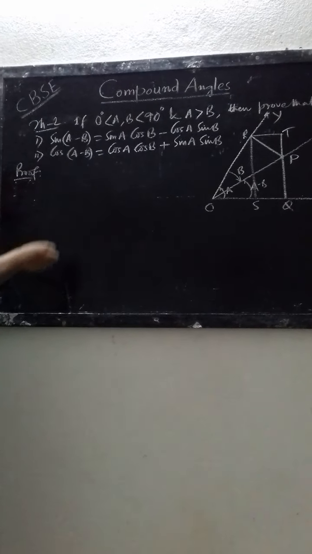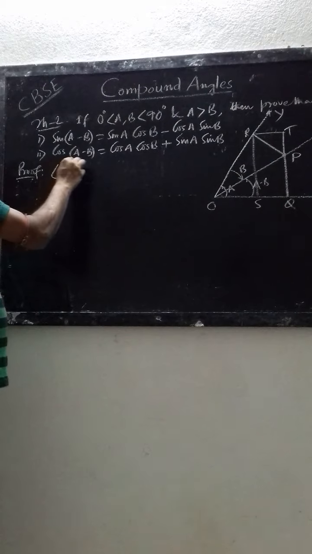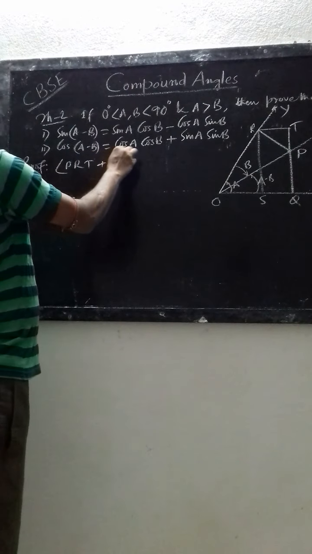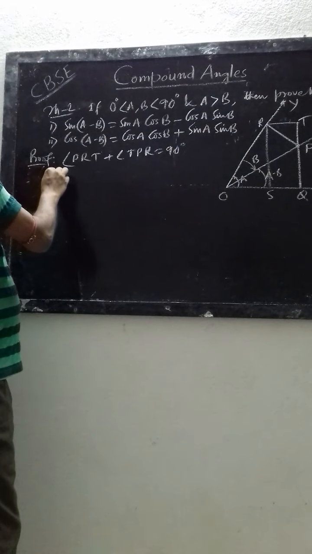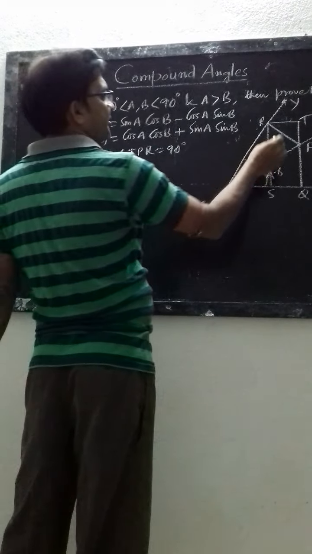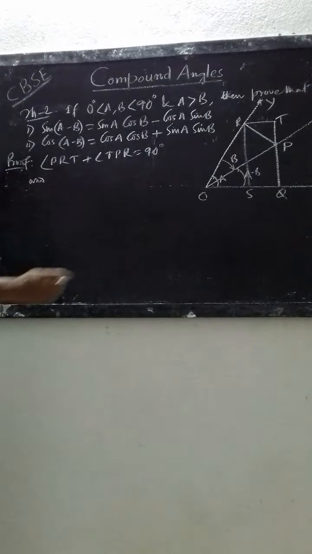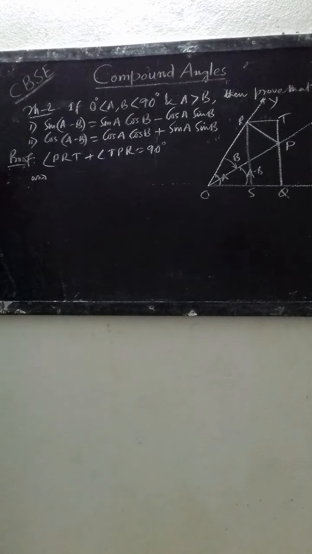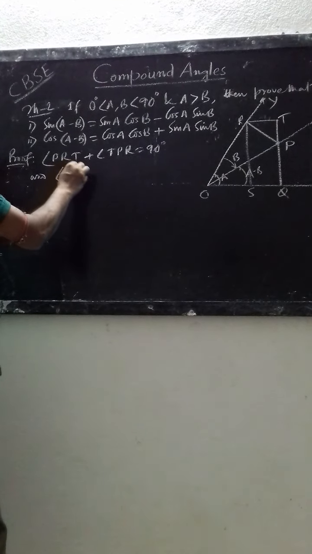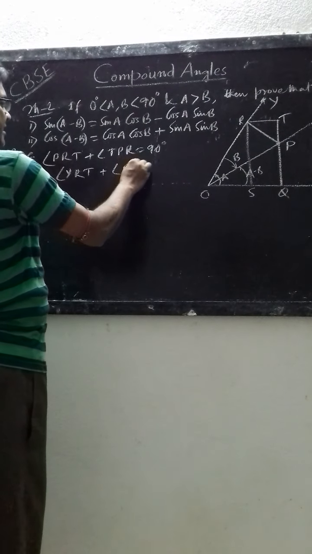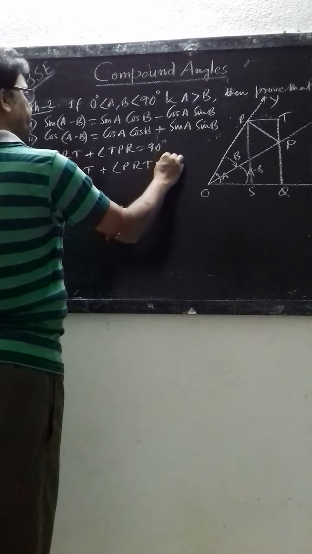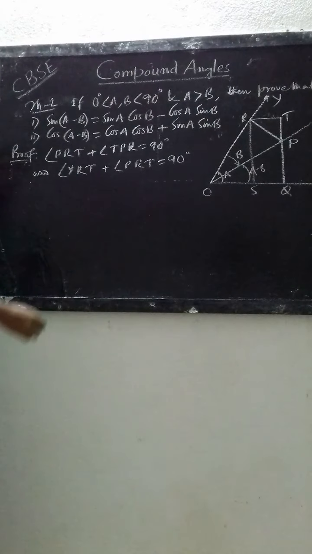Proof. From the triangle PTR we can write angle PRT plus angle TPR equals 90 degrees, and since angle YRP is also a right angle, angle YRT plus angle PRT equals 90 degrees.